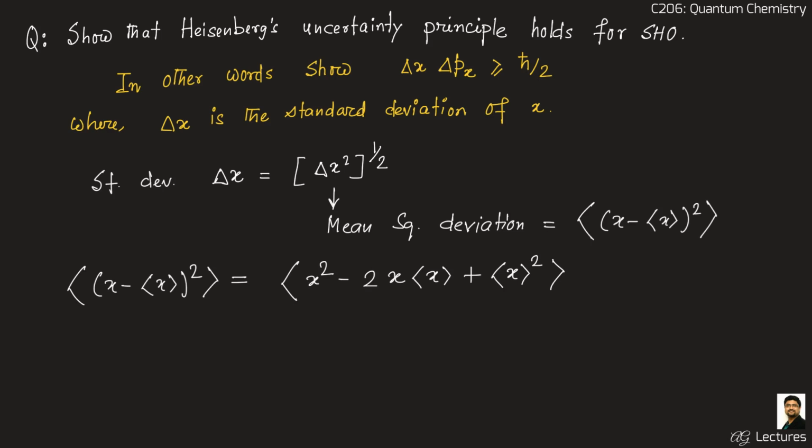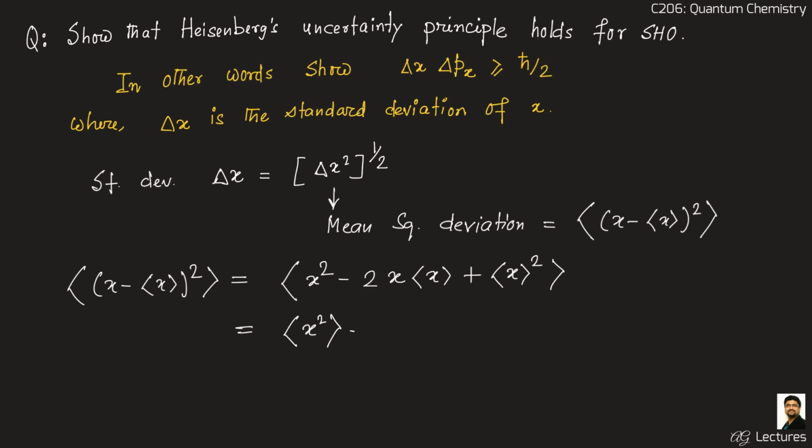And now if we just take the mean again, the first thing that we get is the mean of x square. Then here we already have a mean, right? So we cannot have a mean of a mean, but then we have an x here. So this mean will take this to be another mean of x. So this becomes minus 2 times mean of x into mean of x, which is the square of the mean of x.